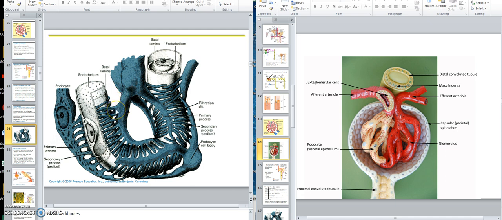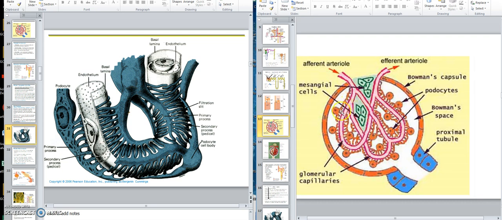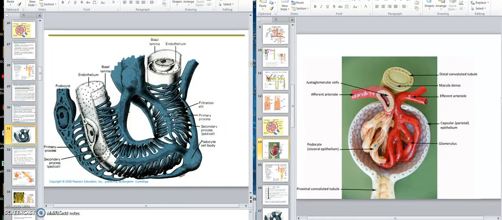So the lining cells of the visceral layer of Bowman's capsule consist of these podocytes. These podocytes have primary pedicles and secondary pedicles, and they are wrapping all around those blood vessels.